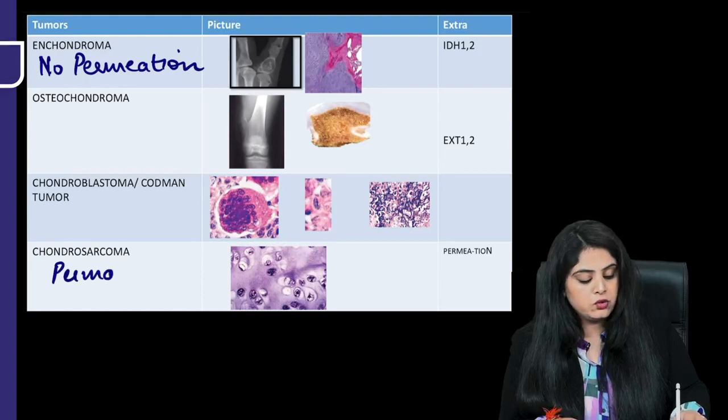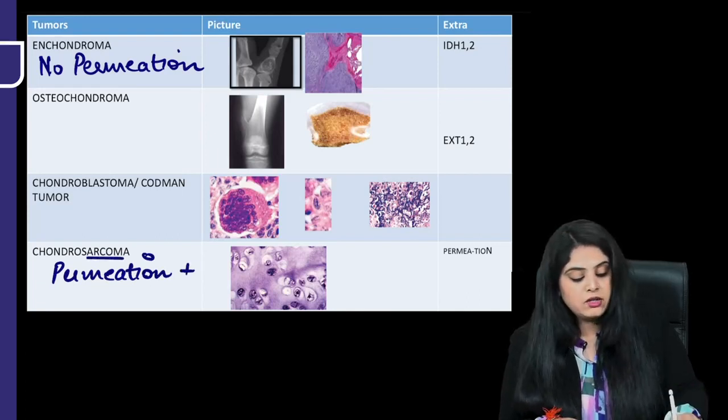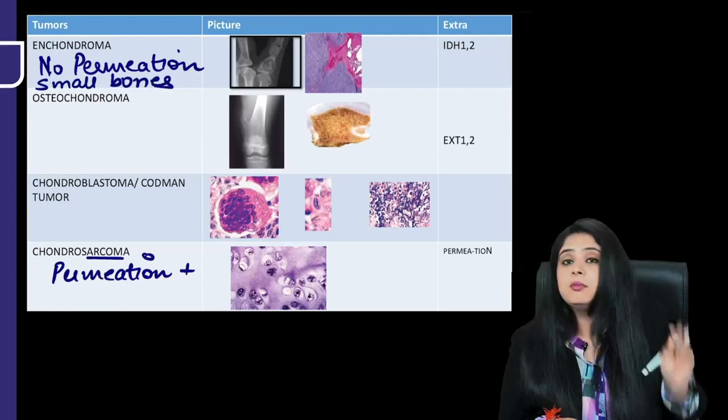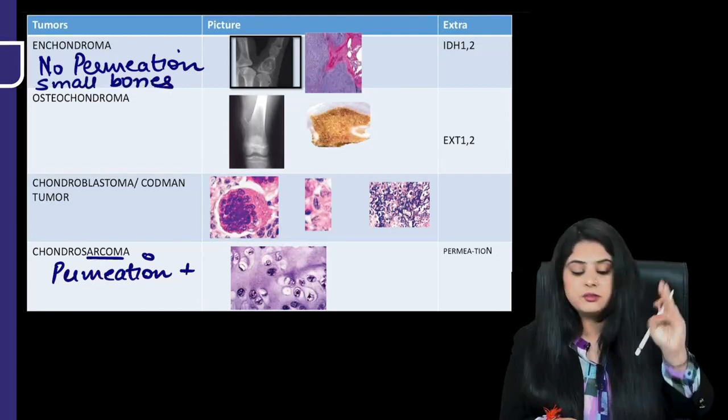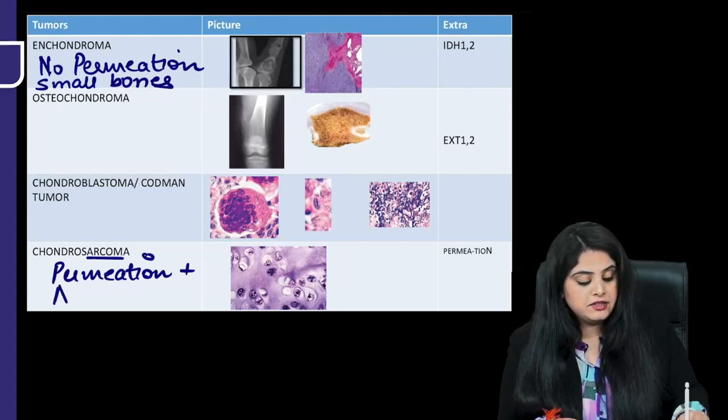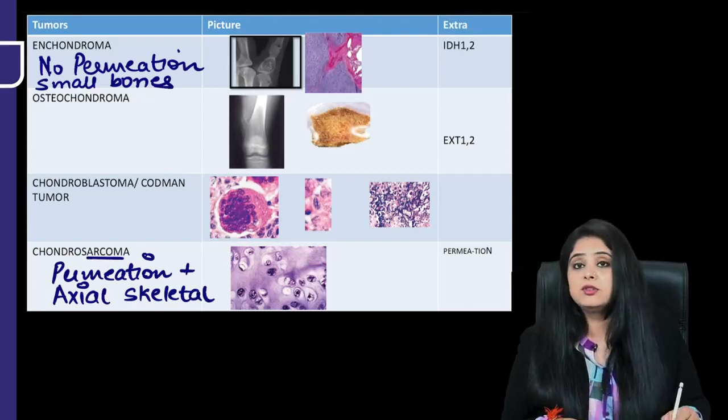Whereas for chondrosarcoma, the radiologist will definitely say permeation because this is a cancer. Second, enchondroma will occur in the small bones. I'll show you a picture where there will be a problem in the bone of the hand, a very small bone. Whereas the axial skeleton, that is the pelvis and all these axial bones, involvement is going to be in the malignant one, chondrosarcoma.